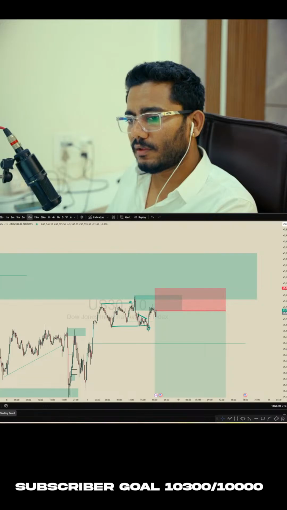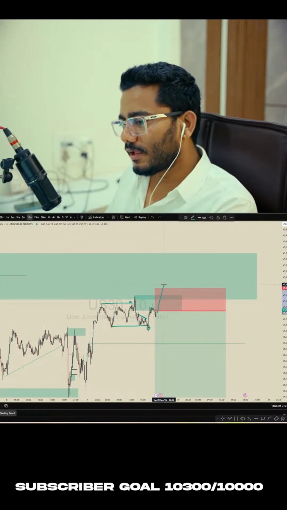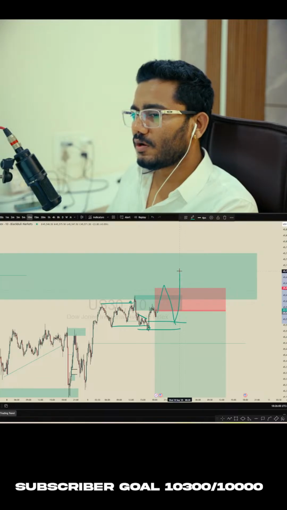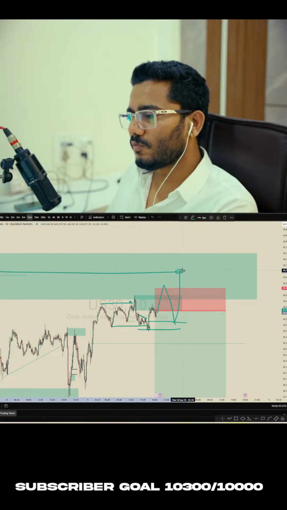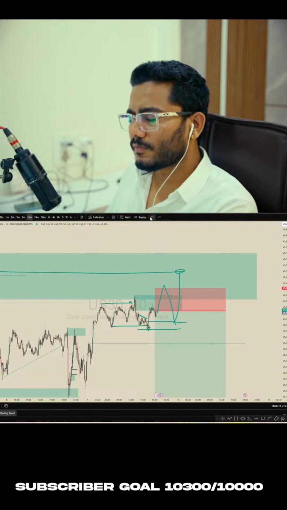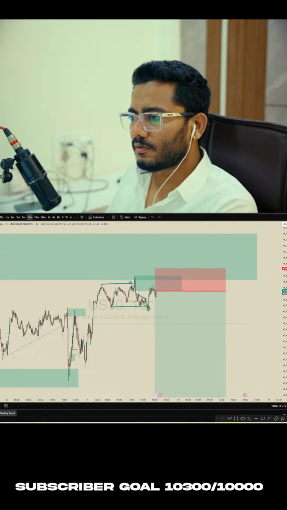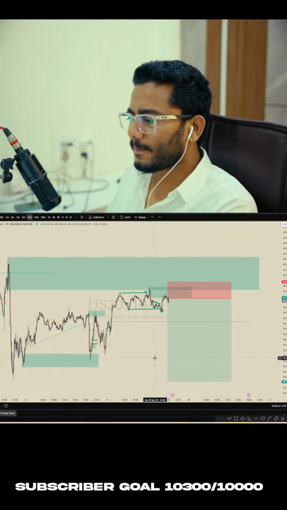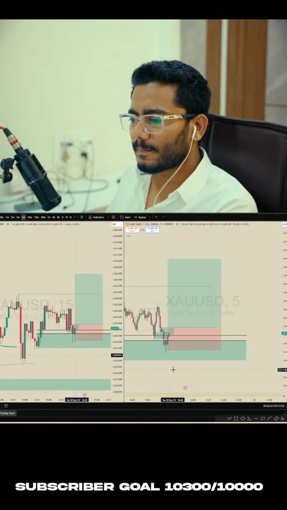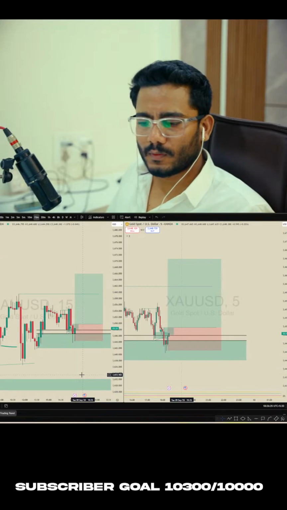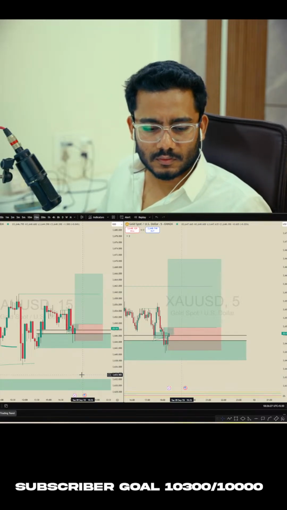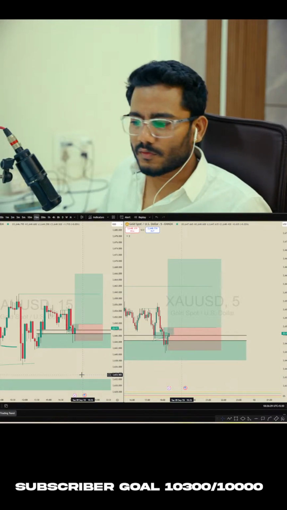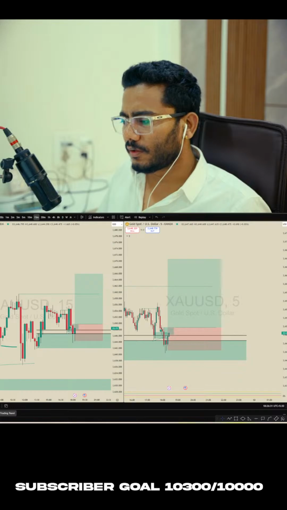But if price breaks this high, then you can look for buy side from here, and then it should continue at least till the origin order block. So that's how you can cover the loss from here. Yes, you can buy after this break.